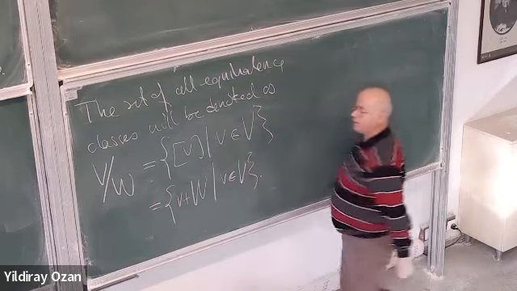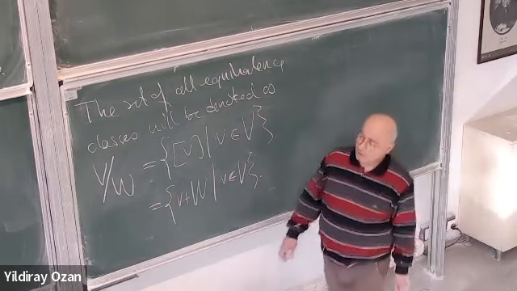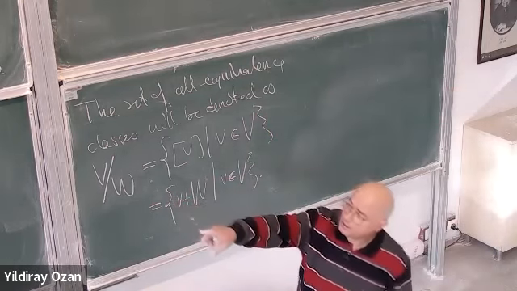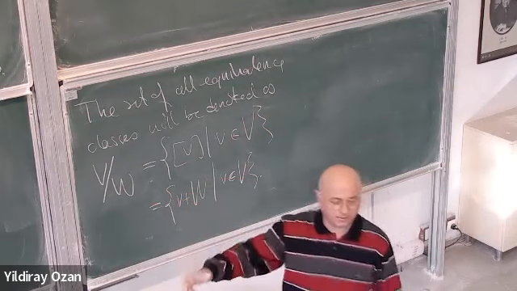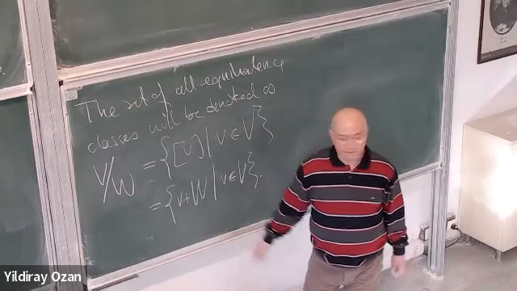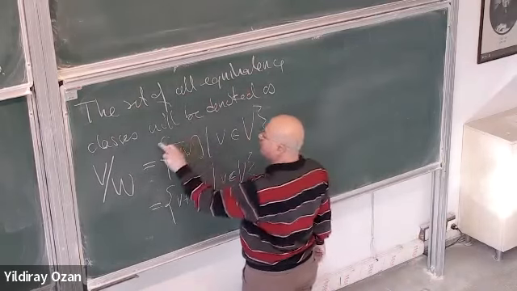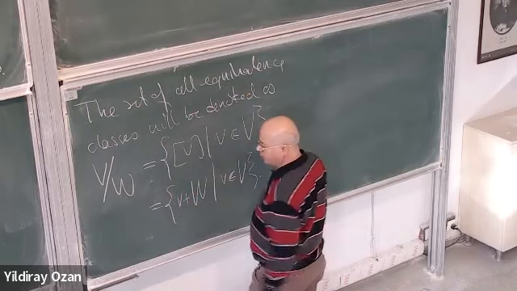Okay. The title of this section was the quotient vector space. Well, this is the quotient set, but it has no vector space structure yet. So the set of all equivalence classes will be denoted like this.